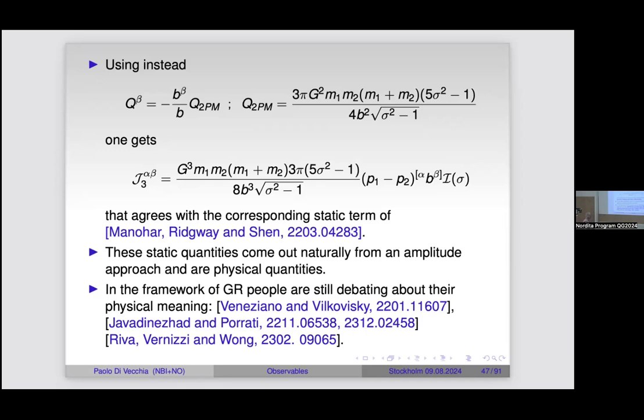Now people start to find ways to show that even in the GR approach, you can give a meaning to this quantity. And this is the last paper that appeared, that for me is very difficult to read, but it's nice to see that the GR community is converging to results that have been obtained from the scattering amplitudes.